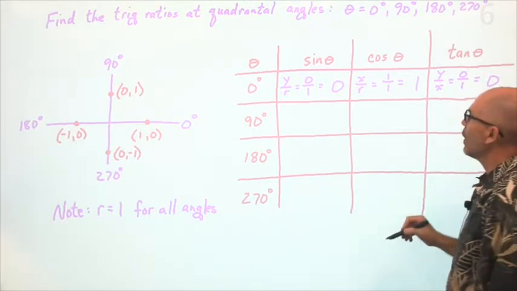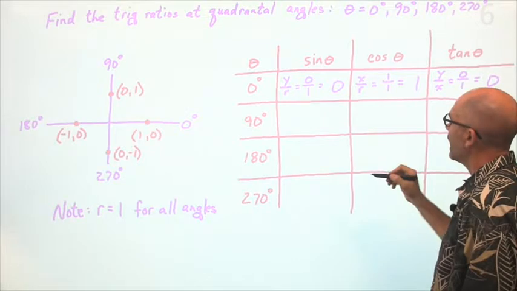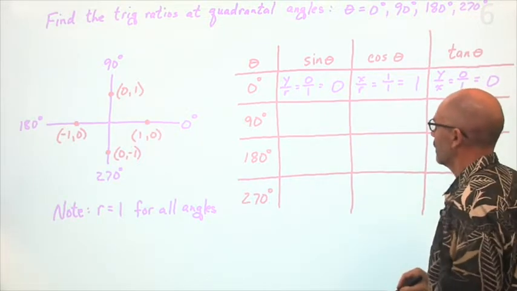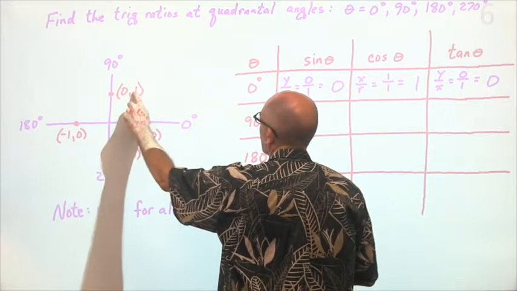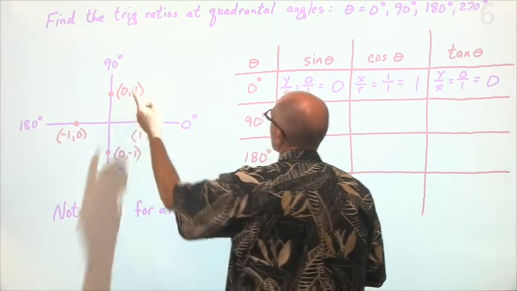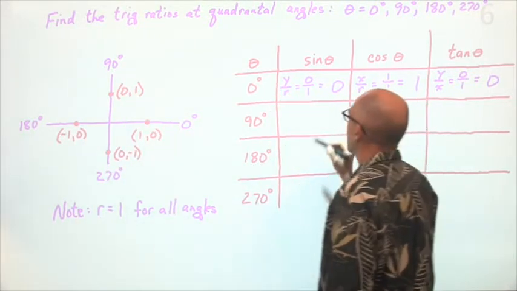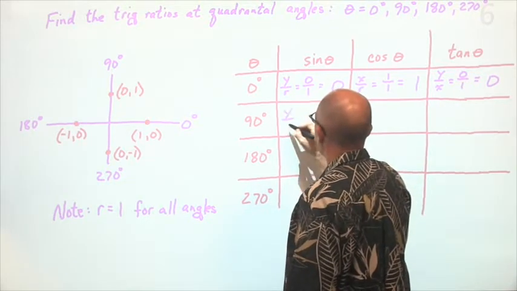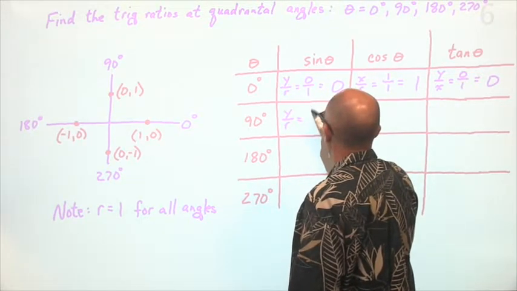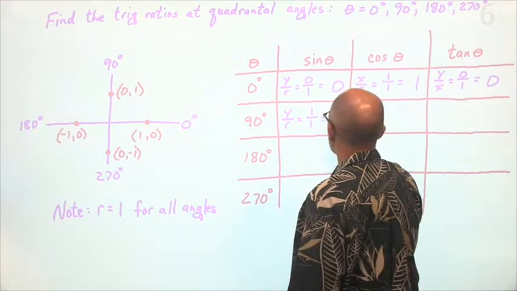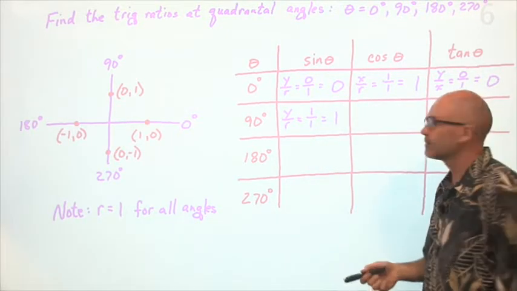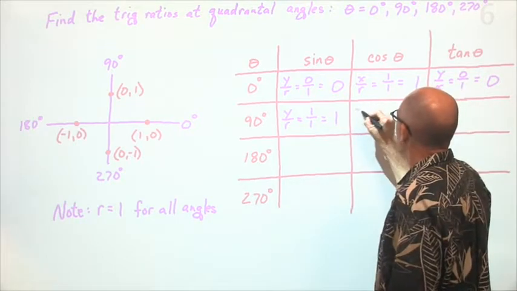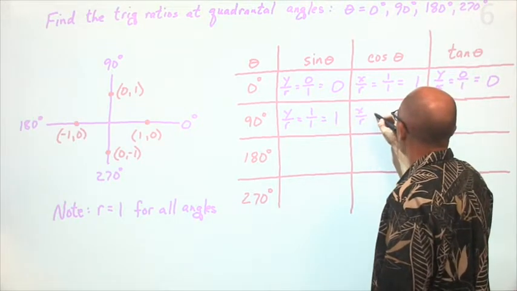All right, now let's go on to sine of 90 degrees. At 90 degrees, y over r is 1 over 1, which equals 1. So the sine of 90 degrees is 1. Cosine of 90 degrees is x over r.